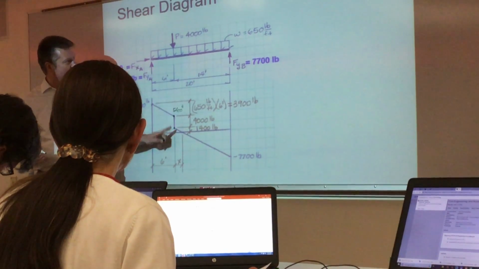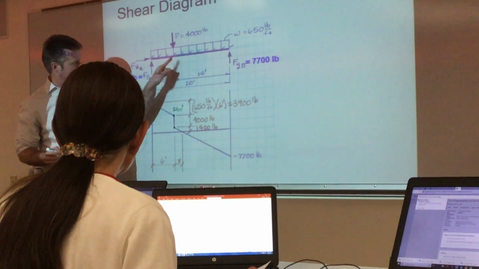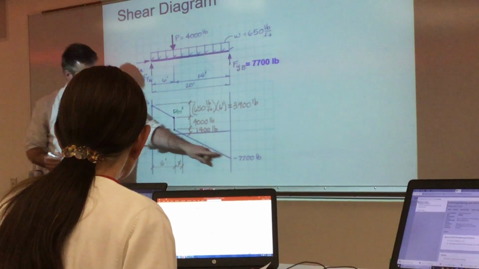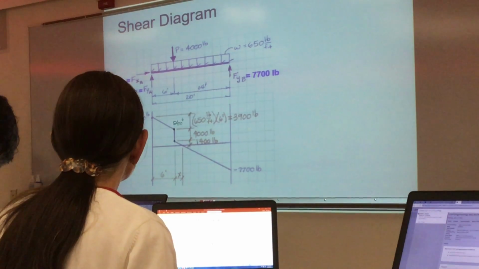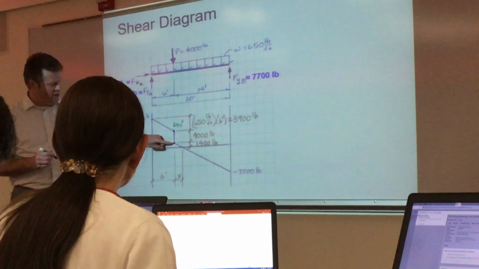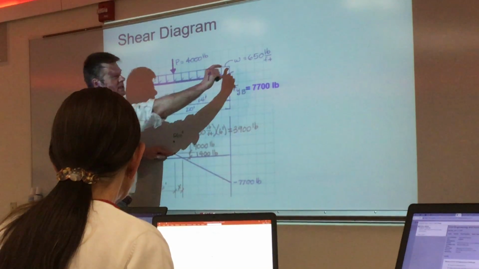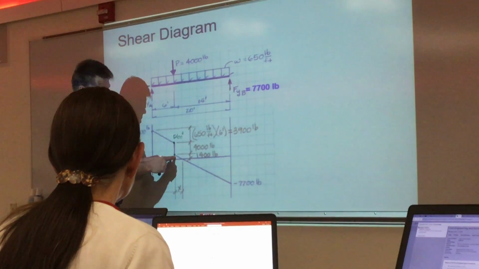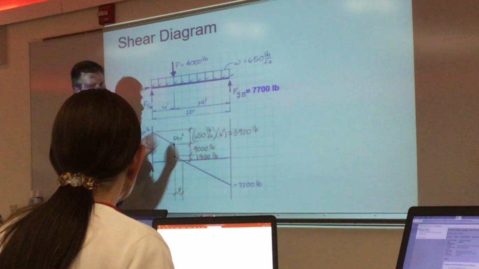And then I subtract off 650, which is the height of this, times 14, which is the length, that gives me negative 7,700. Sorry, how do you get that last number again? Start at 1,400, subtract the area of this, which is 650 times 14. Okay. And that gives me that value, and then I spike back up by the reaction.